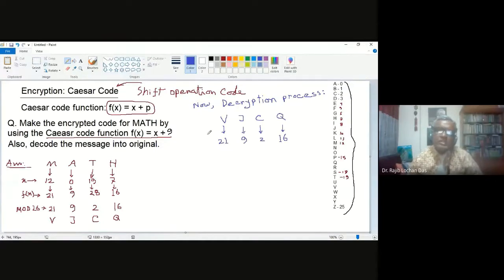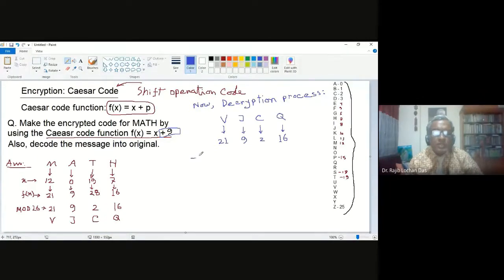After this line, I will subtract 9. Subtract, because originally it was plus 9. So now we are doing minus 9. Okay, you got my point.